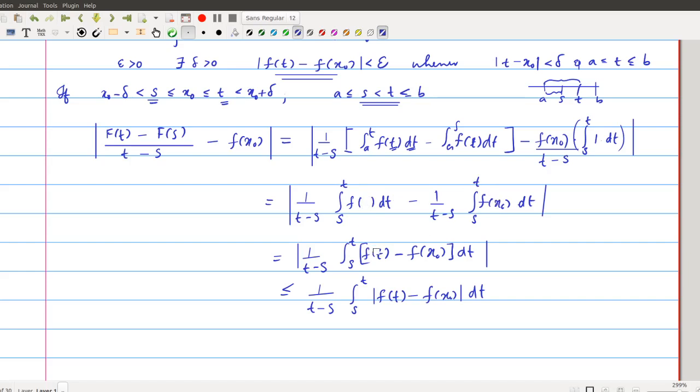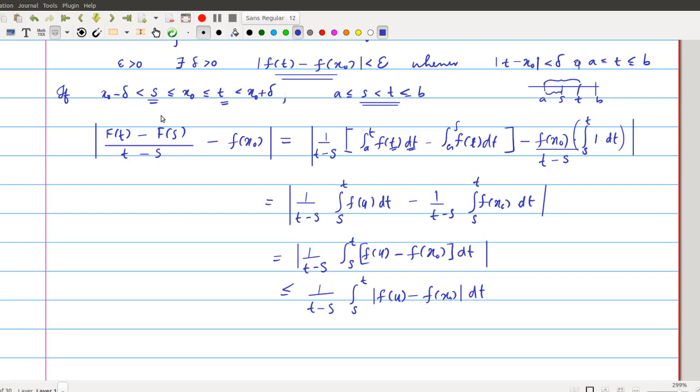There is already t in the limit of the integral, so we write it as u. So f of u minus f of x naught is less than epsilon.